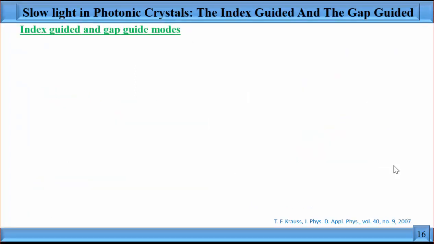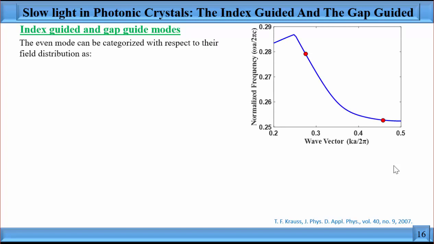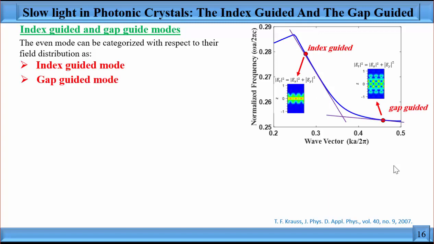Slide 16. The index-guided and the gap-guided modes. The even mode of such waveguides can be categorized with respect to its field distribution as index-guided mode, which interacts only with the first row of holes adjacent to the defect, and gap-guided mode, which interacts with several rows of holes.